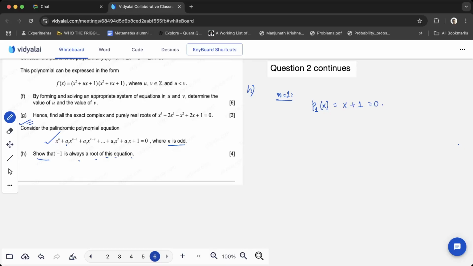So x to the n minus 1 is nothing but x to the 0. That is just the one term, but the one term cannot have any non-one coefficient. So it has to be just x plus 1.